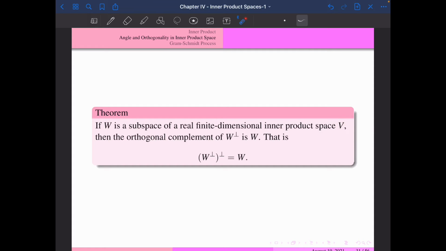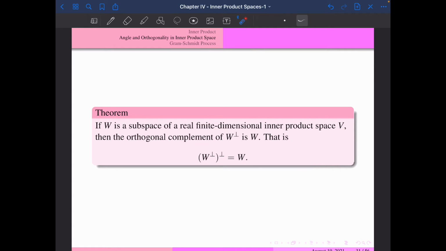And if W is a subspace of V, then W also has a finite basis. The proof for this one is quite hard.